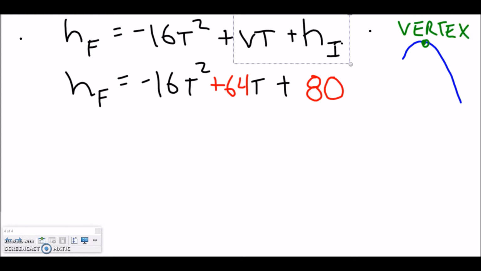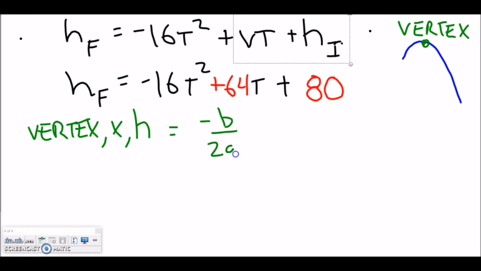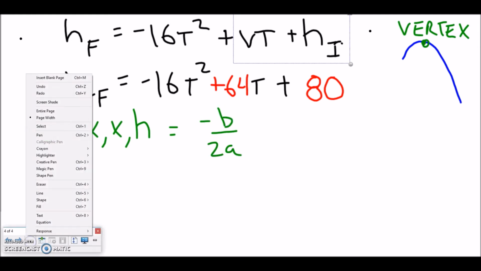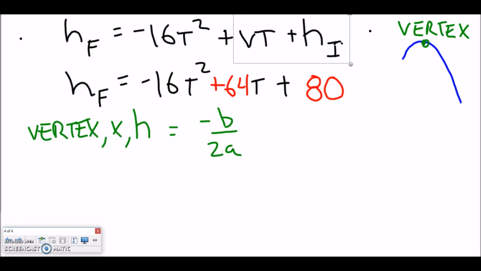And hopefully you remember there's an easy way to find the vertex of a parabola. There's at least an easy way to find the x-coordinate, which we used to call h, and that was negative b over 2a. Again, hopefully you remember that from last section.